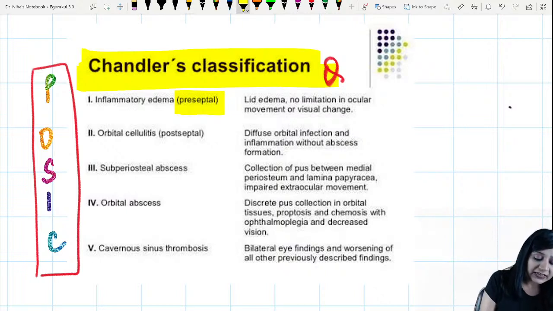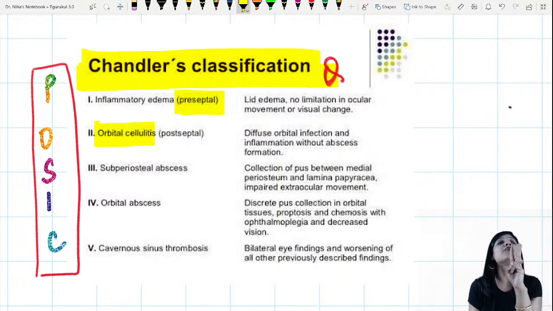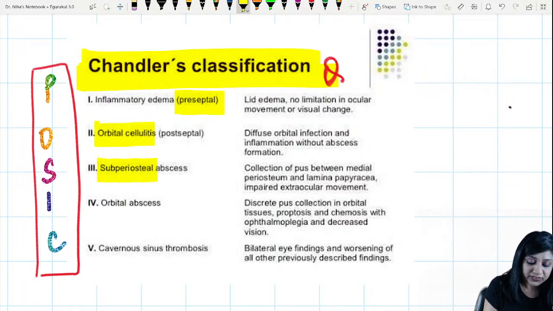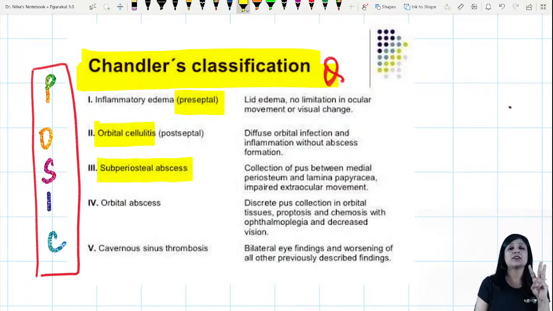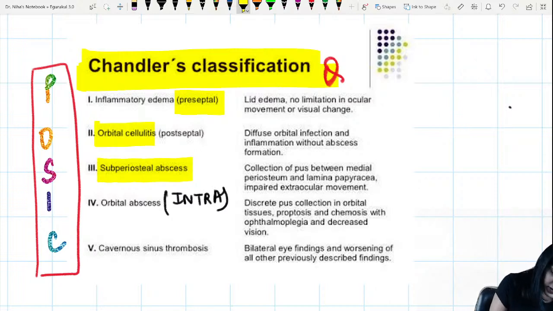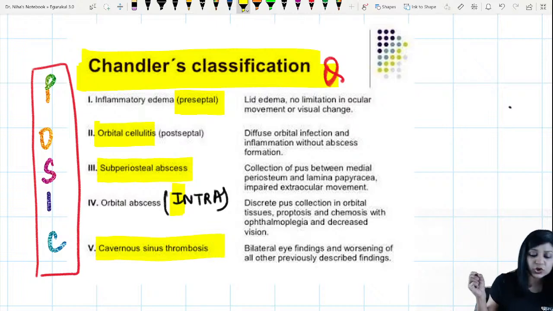So it is starting from preseptal, then O for orbital cellulitis, then it can form the abscess. Then we have got S. S for subperiosteal abscess. Then I. I is intraorbital abscess. So this is your I. And last C is cavernous sinus thrombosis.